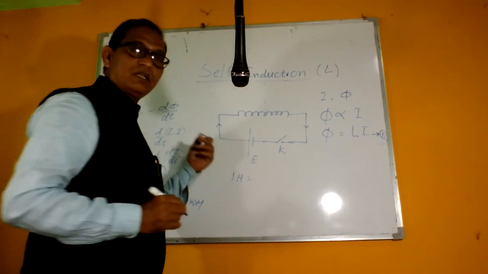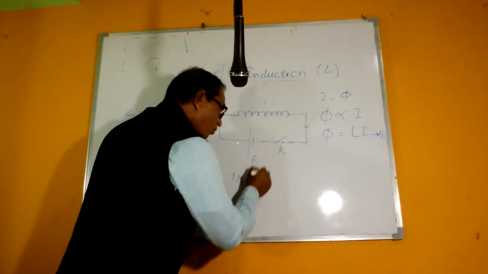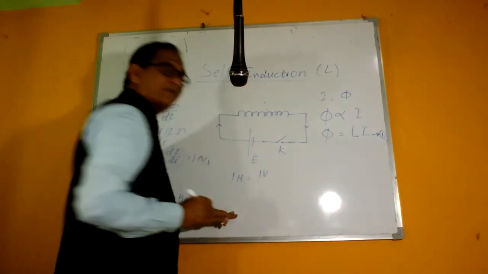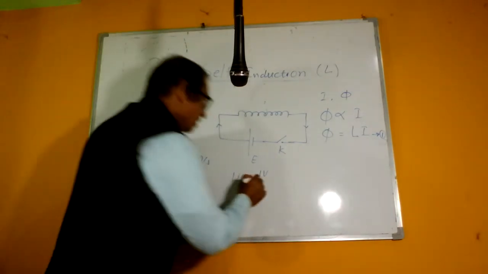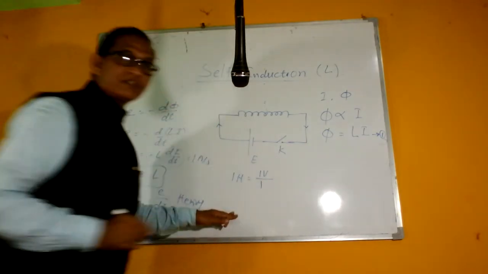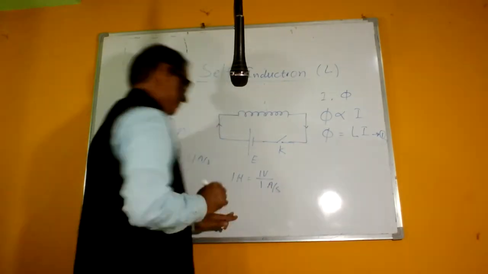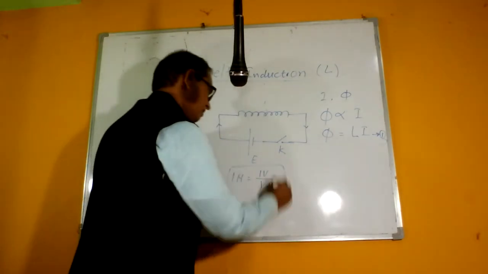The self-inductance of a coil is 1 Henry when 1 volt of EMF is induced in the coil because the rate of change of current in the same coil is 1 ampere per second.